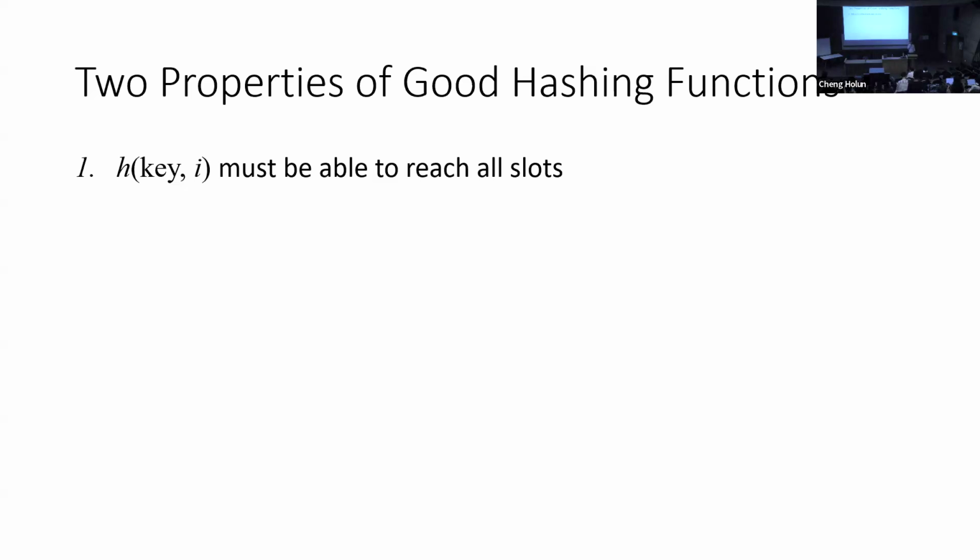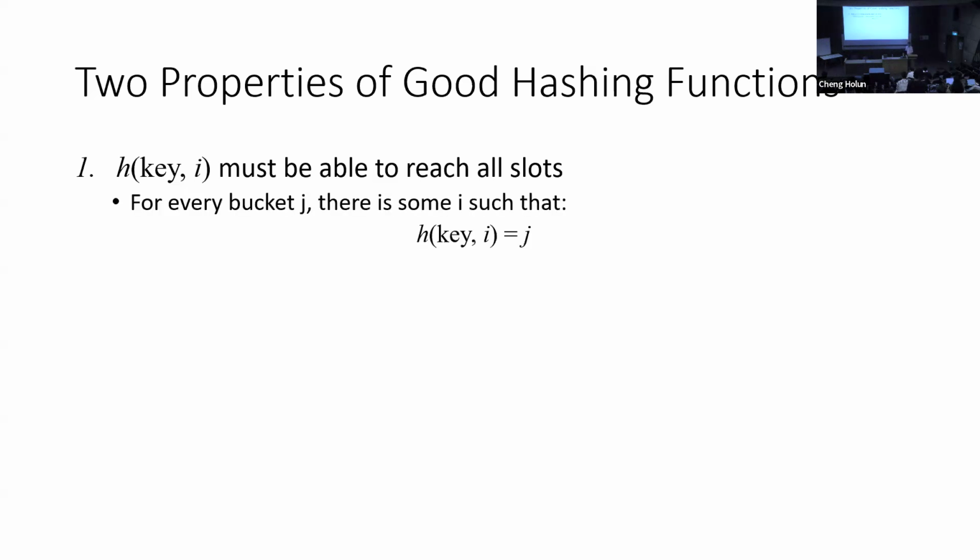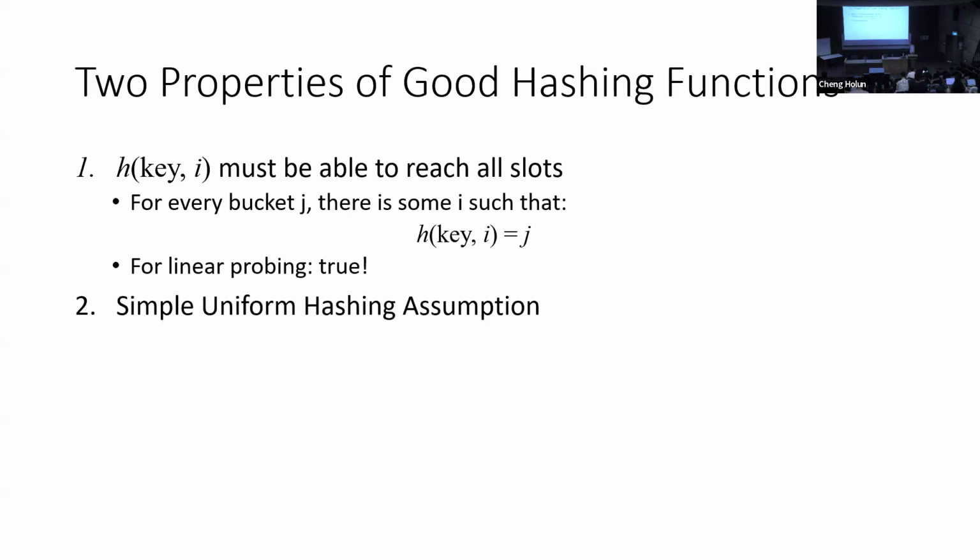Some properties. First of all, the probe sequence must be able to reach all slots. For linear probing, you can do that because incrementing i can reach all slots. But one thing you could go back and try, which was in one of the midterm answers: what if I use quadratic probing and my table size is 10 or 100?